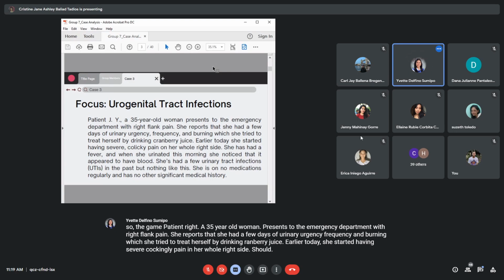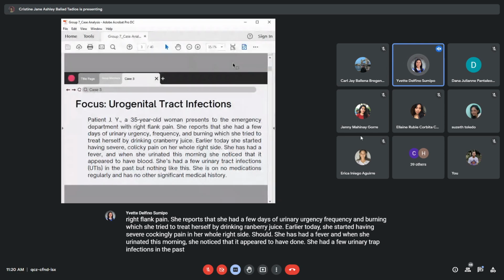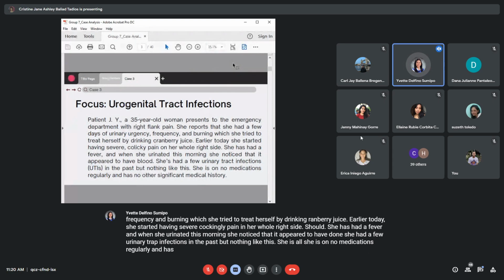She has had a fever, and when she urinated this morning, she noticed that it appeared to have blood. She had a few urinary tract infections in the past, but nothing like this. She is on no medications regularly and has no significant medical history.